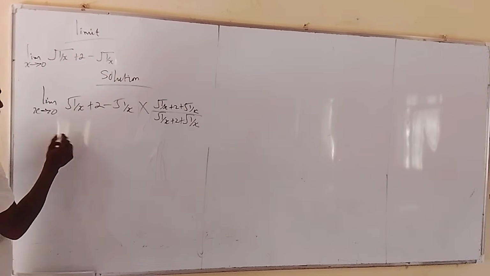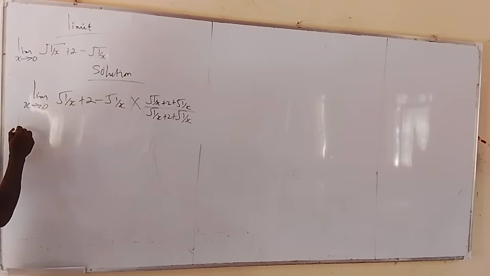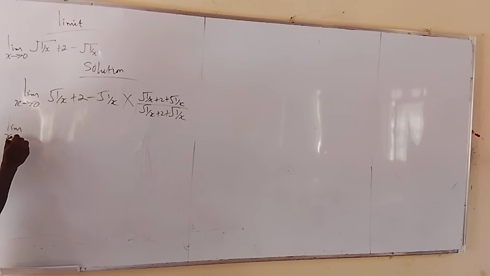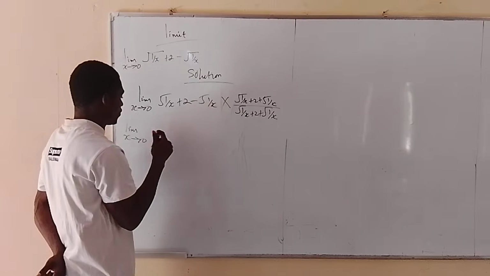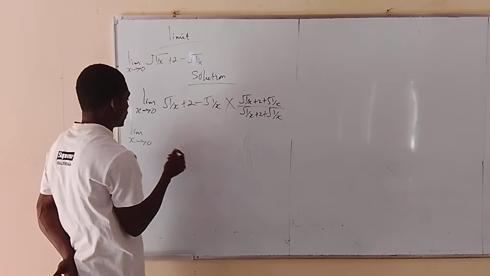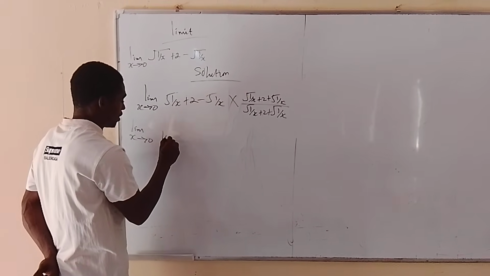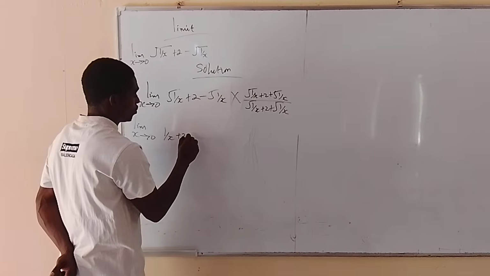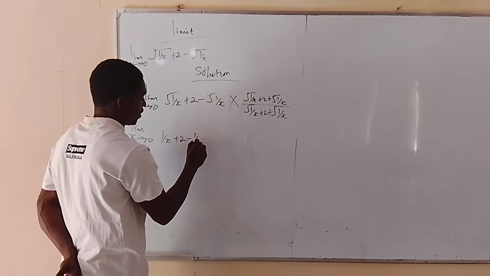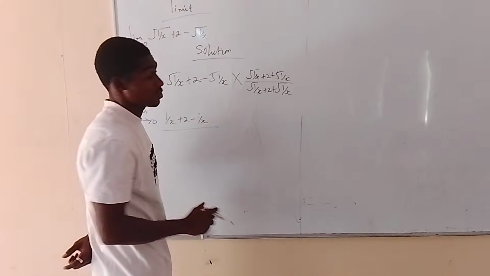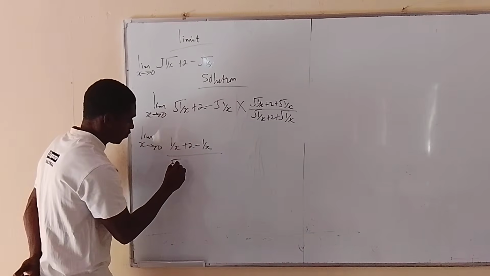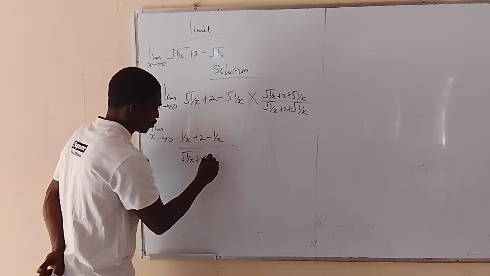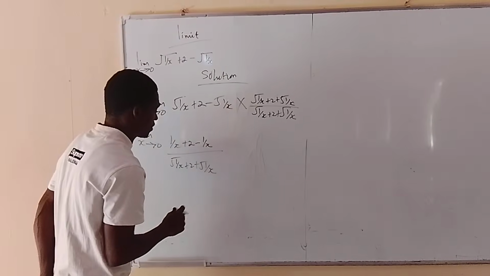So I'm going to have the limit as x approaches 0. If this is multiplied by this, this one will go with this one. So we're going to have 1 over x plus 2 minus 1 over x, all over what? Take this, you put here: root (1 over x plus 2) plus root (1 over x).